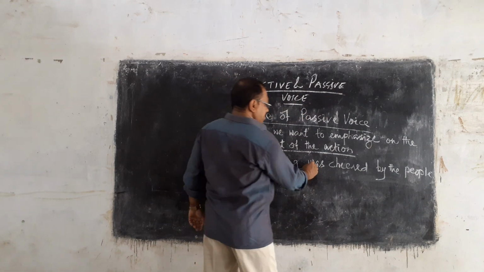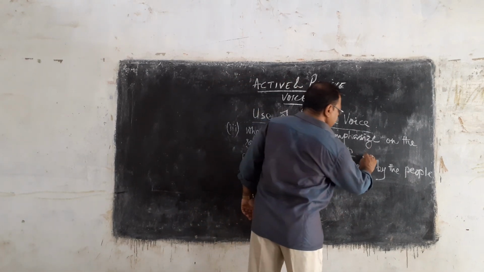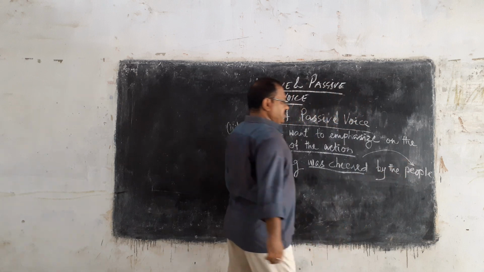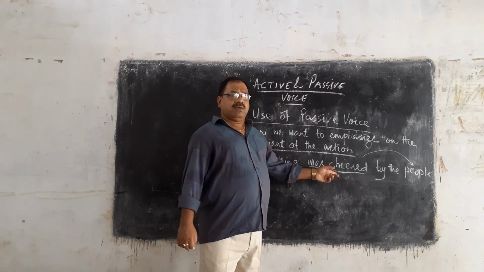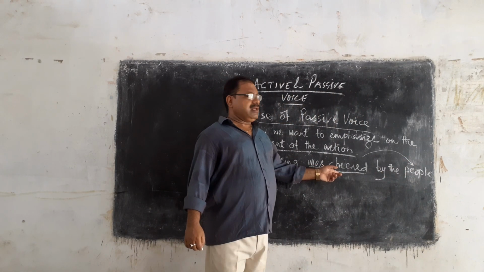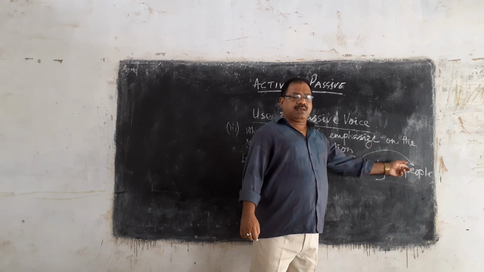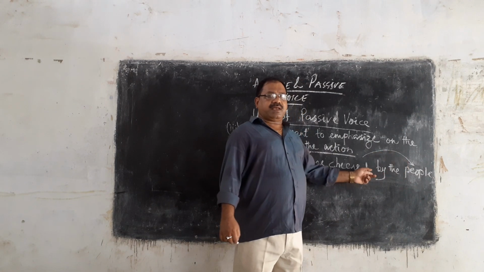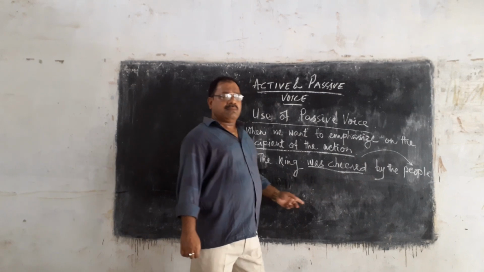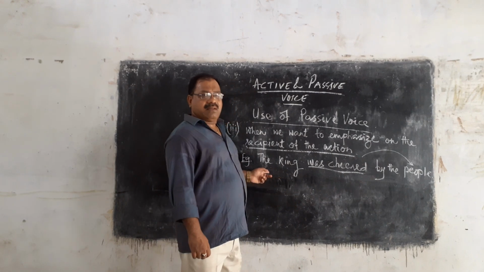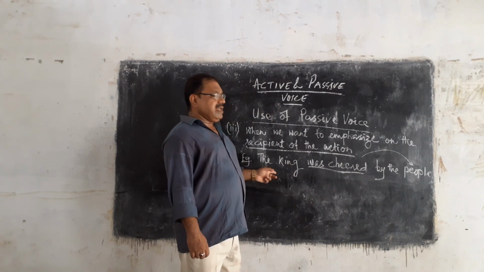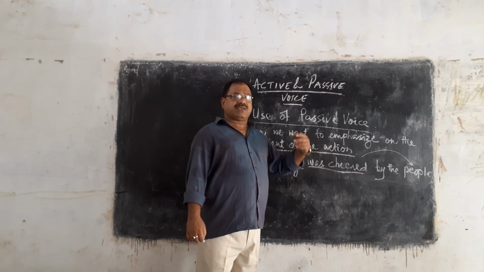See, was cheered. Who was cheering? Who was applauding? The people were cheering. To whom? To the king. The king was receiving the cheers.